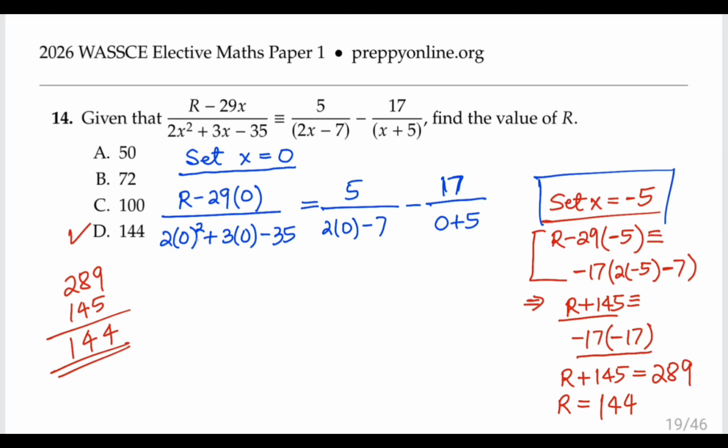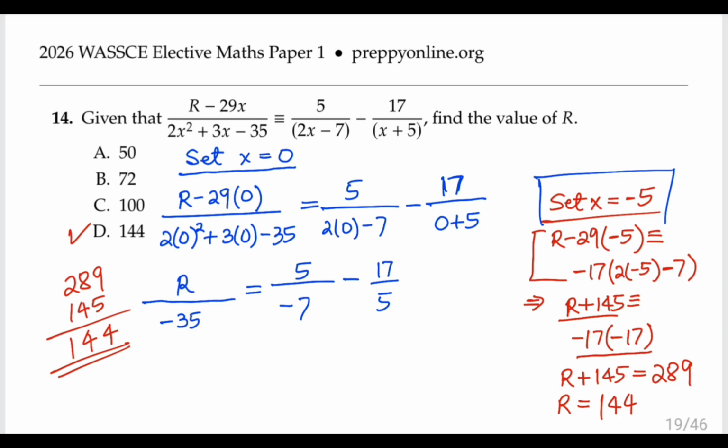All right, so simplifying, we get r. 29 times 0 is 0, so that hasn't changed. Then here we have 2 times 0, 0, 3 times 0, 0, so we have minus 35. And this is equal to 5 over 2 times 0 is 0, so minus 7. And then here we have 17 over 0 plus 5, which is just 5.